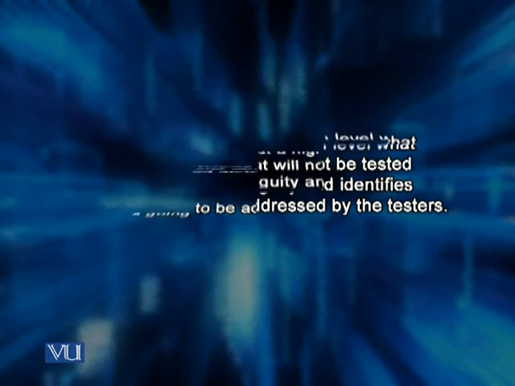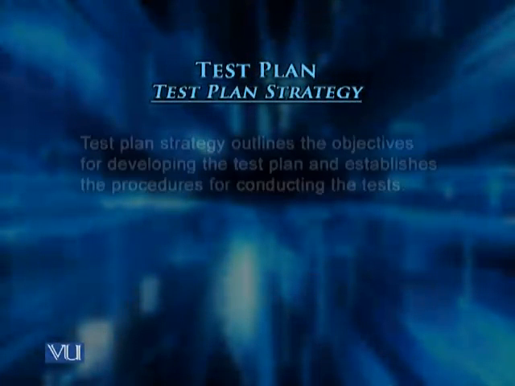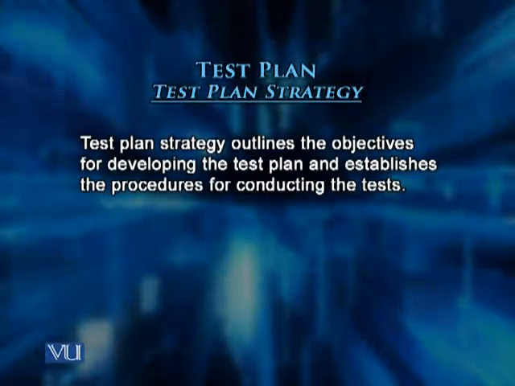Just like when we discuss scope of the projects at a high level, the scope of the test plan or testing activity is documented in this section. Third is test plan strategy. The test plan strategy outlines the objectives for developing the test plan and establishes the procedures for conducting the tests.